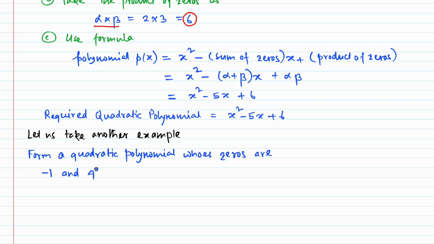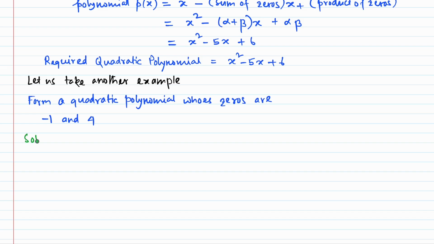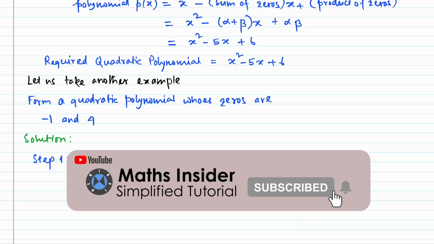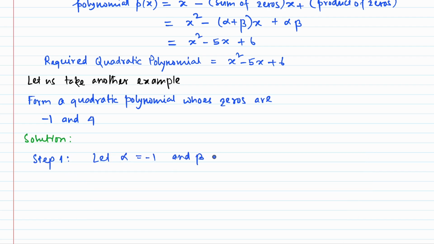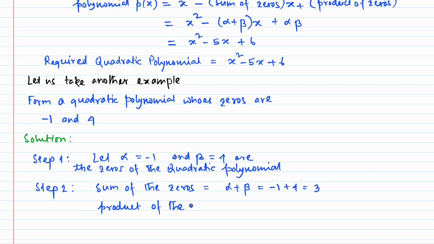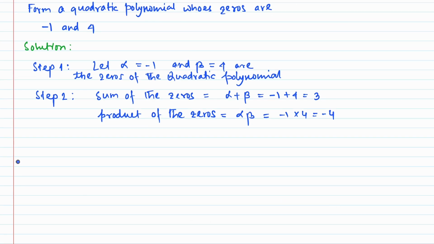Straightforward. Now form a quadratic polynomial whose zeros are minus 1 and 4. Now let's solve it. So step 1, let alpha be equal to minus 1 and beta be equal to 4. They are the zeros of the quadratic polynomial. Now step 2, we will find the sum of the zeros, which is alpha plus beta, that is minus 1 plus 4, which becomes 3. Then we find the product of the zeros, which is alpha times beta, that is minus 1 into 4, which becomes minus 4.